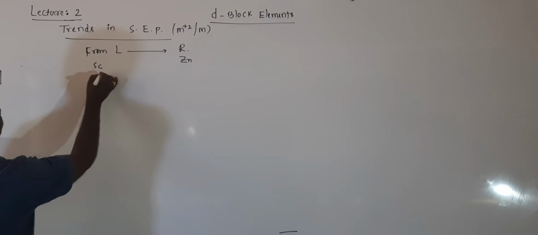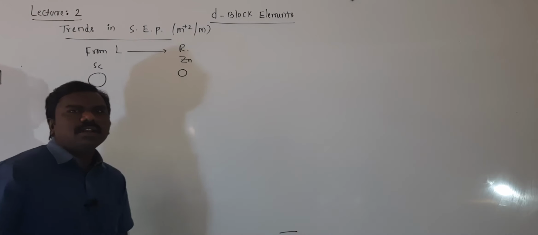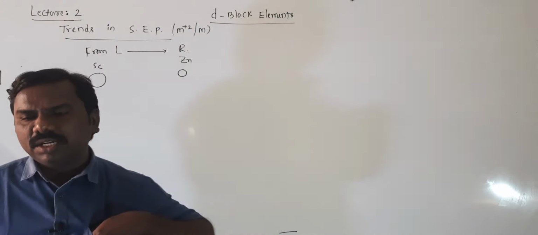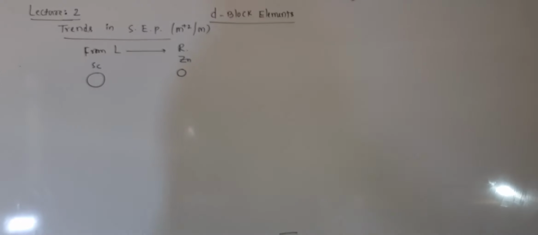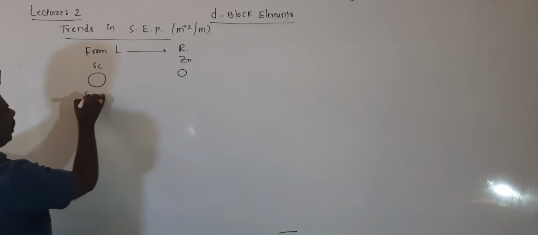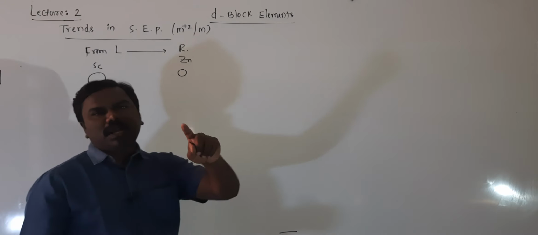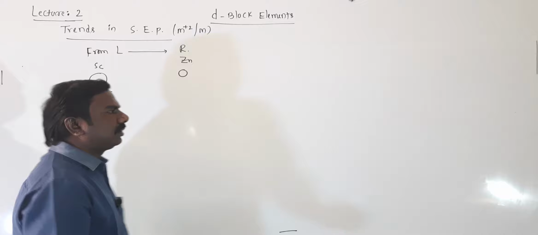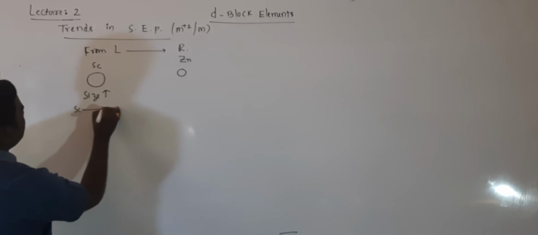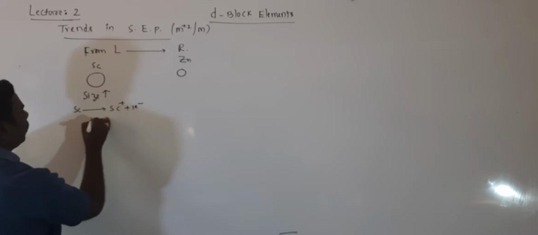The size will be larger on the left and smaller on the right. Left to right, size decreases. When size increases, it is easy to remove an electron. Then oxidation: Sc is converted into Sc+ by losing an electron.